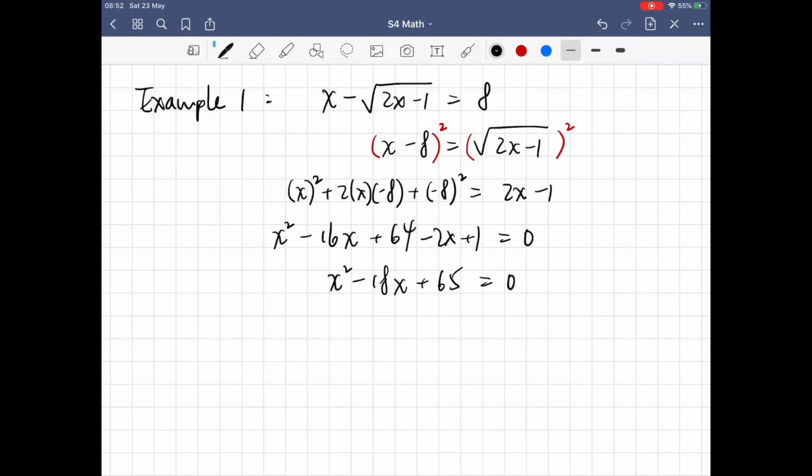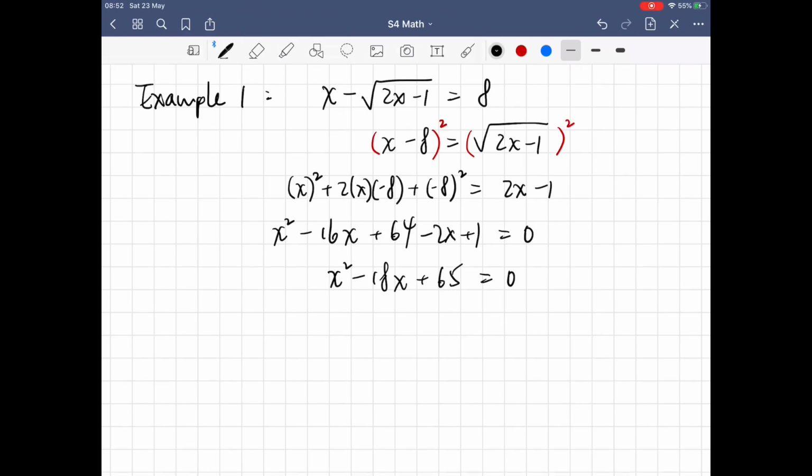Then we can do the factorization. x minus 5 and x minus 13 equals 0, and we have x equals 5 or x equals 13.